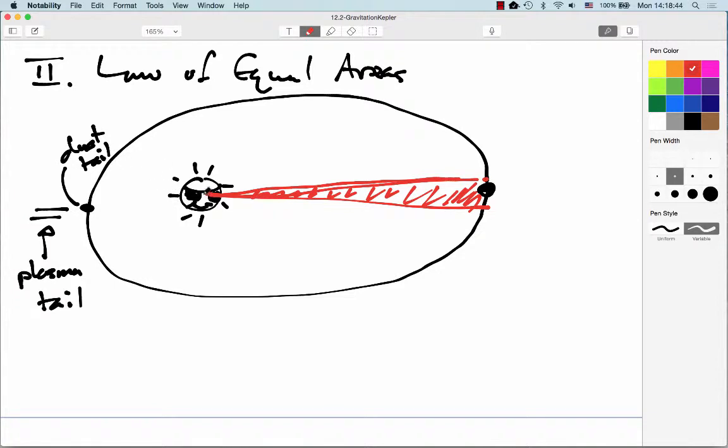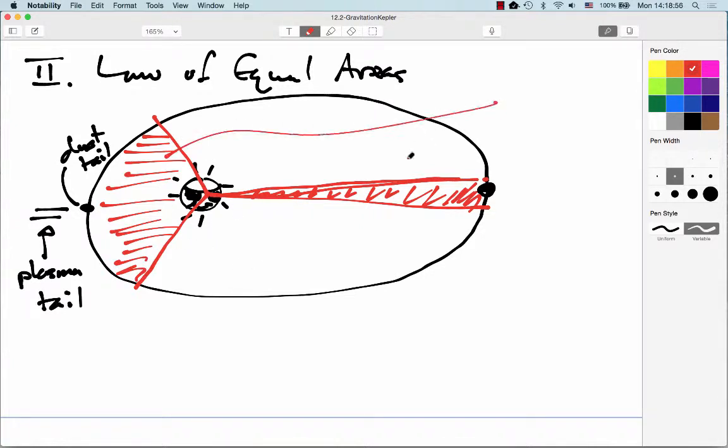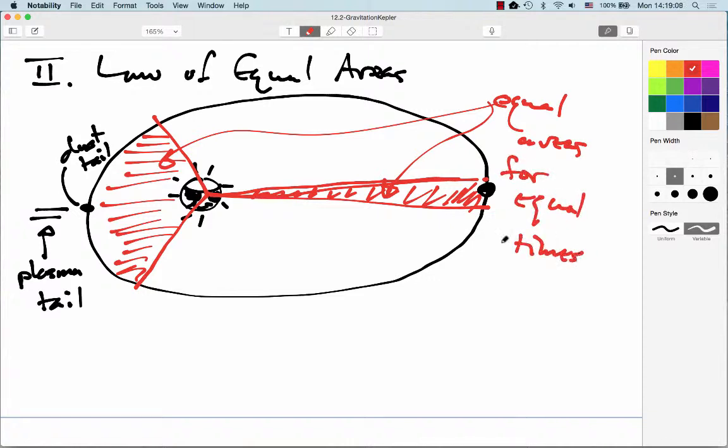Then on any other part of the ellipse, it will work out that for the same time interval, I'll sweep in the matching area, the areas will be equal. So moral of the story is the comet goes faster at perihelion over here than it does at aphelion over there.